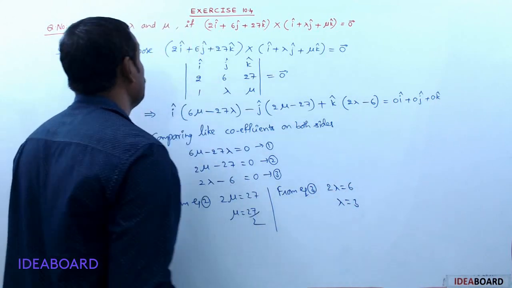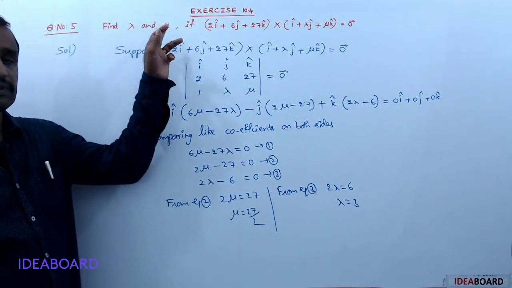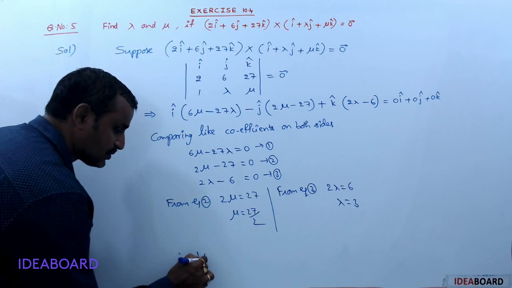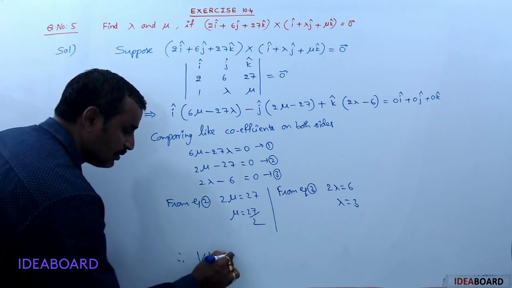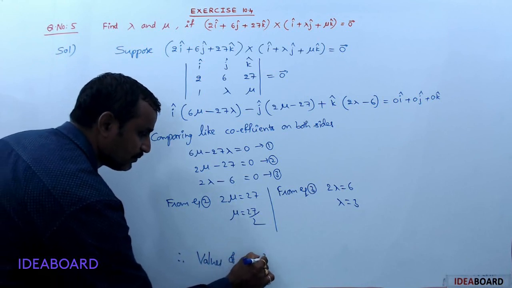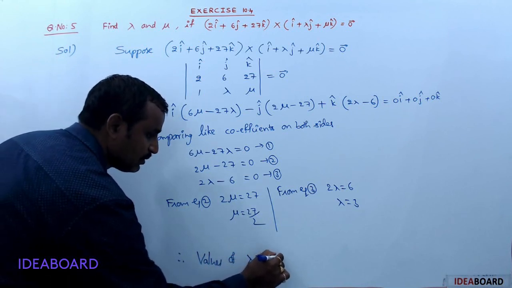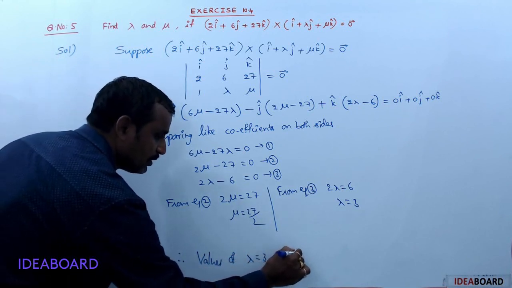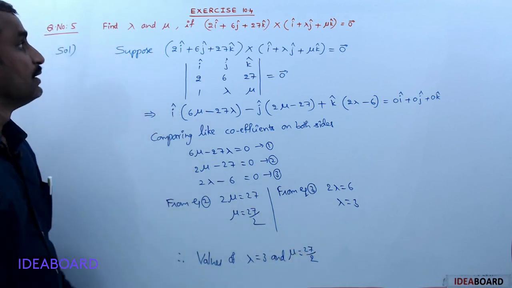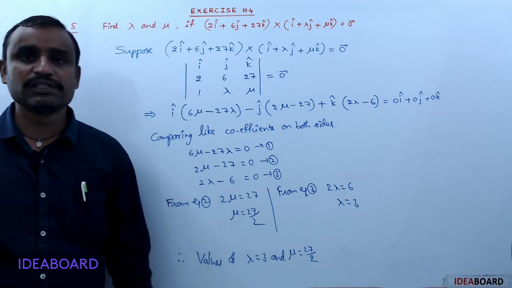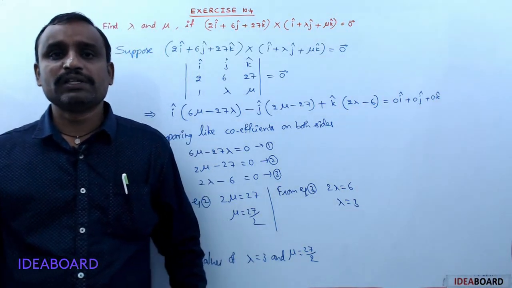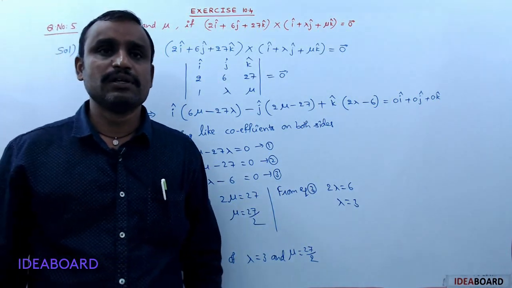They are asking to find lambda and mu, therefore lambda is equal to 3 and mu is equal to 27 by 2. This is the required solution for this question. Note it down. Okay, tomorrow we will discuss the remaining questions.